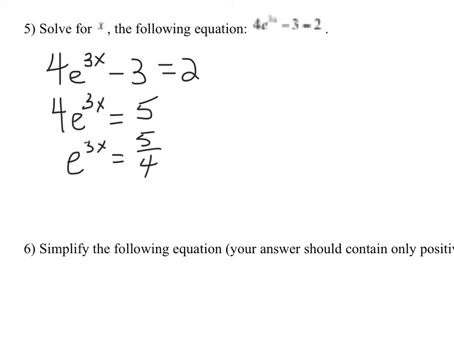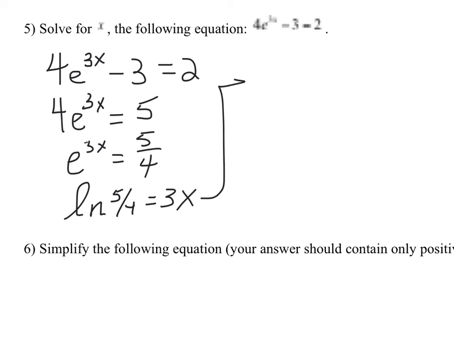And now I'm going to do my switcheroo. I'm going to change my e to an ln, and I'm going to switch. So ln of 5/4 equals 3x. Now all I need to do is divide by 3.